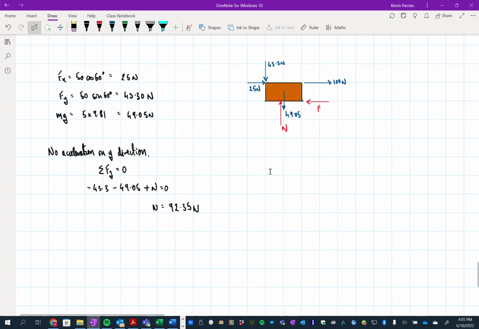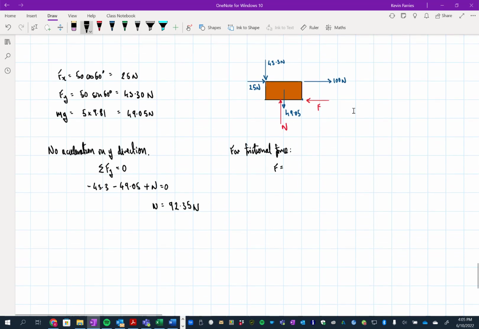Okay, so if this is moving, and we're assuming it's moving, then we can calculate that frictional force F from the kinetic coefficient of friction. So for frictional force, we're going to have F is equal to, kind of more than one F here, but that's okay.